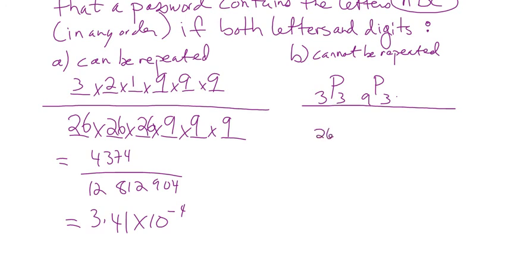Over 26P3, because I can't repeat. And 9P3. Okay, these just cancel each other out. So this one probably should reduce to a fraction. Was it 3P3 divided by 26P3?